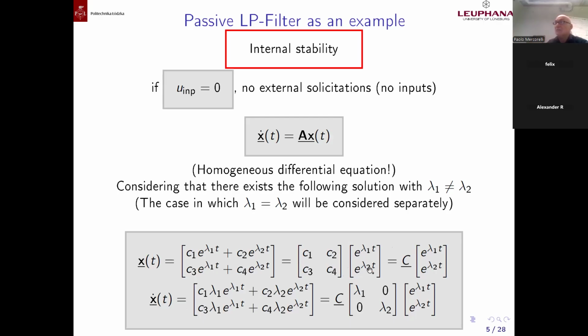I have the first element of the column vector, which is the result of the product of this matrix 2 times 2 multiplied by this vector 2 times 1. And of course here, if you do row multiplied by column, I have C3 multiplied by the exponential function plus C4 multiplied by the exponential function. This means I have already justified why I'm writing this form here. Now, the matrix which consists of these 4 constants, C1, C2, C3, C4, I can call C just for the sake of brevity.